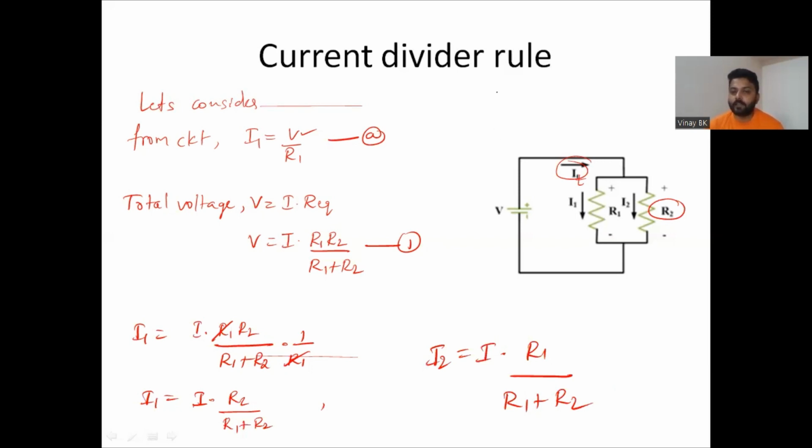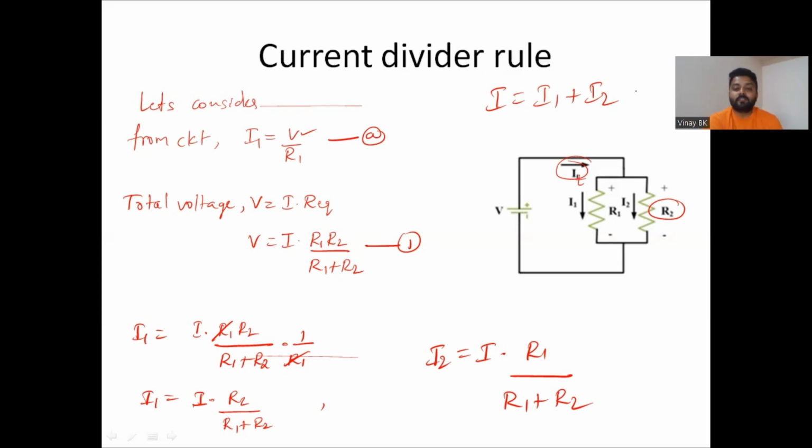The total current can also be written as I equals I1 plus I2. So with the help of these three formulae, you can find the value of currents, total current or branch currents. Okay. So these are the voltage divider rule and current divider rule. The voltage divider rule says total voltage into the same resistance divided by the sum of resistances, whereas the current divider rule says total current into the opposite resistance divided by the sum of resistances.